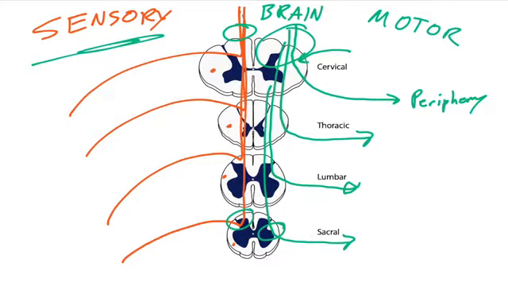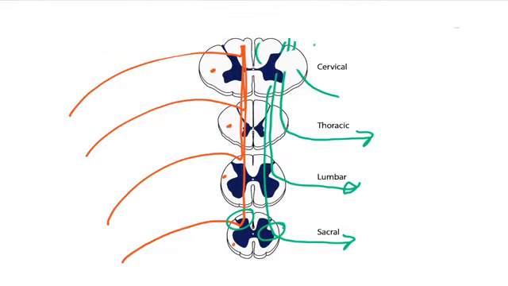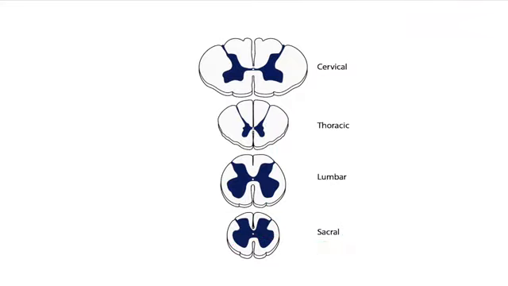So notice how each level of the spinal cord has a distinct appearance. So let's actually erase all of this so we can take a better look at it. It's very important to be able to recognize each of the 4 segments of the spinal cord. Notice how each spinal level, whether it be cervical, thoracic, lumbar, or sacral, has a distinct appearance.